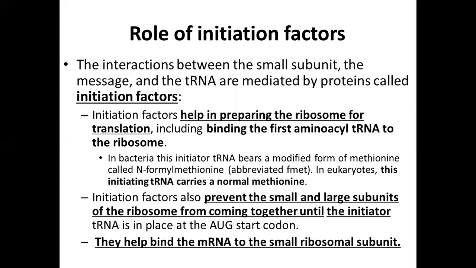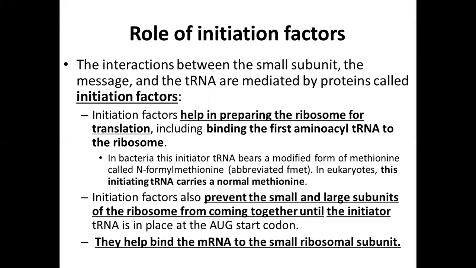The role of initiation factors is simply to help in preparing the ribosome for translation, which includes binding the first amino acid tRNA to the ribosome. Also, the initiation factors prevent the small and large subunits of the ribosome from coming together until the initiator tRNA is in place at the AUG start codon.